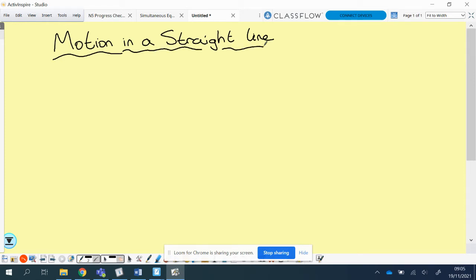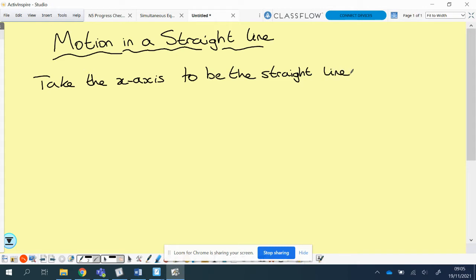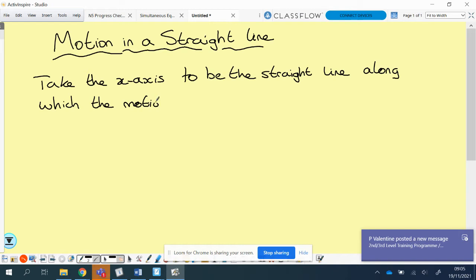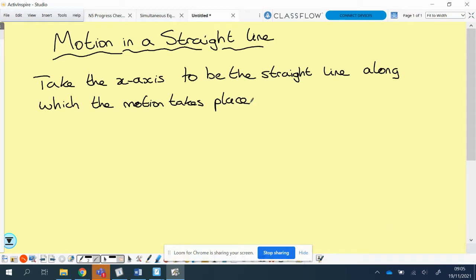Okay, so if we take the x-axis to be the straight line along which the motion takes place, okay, so we're just going to take the x-axis to be a straight line where we're thinking of things and objects moving.